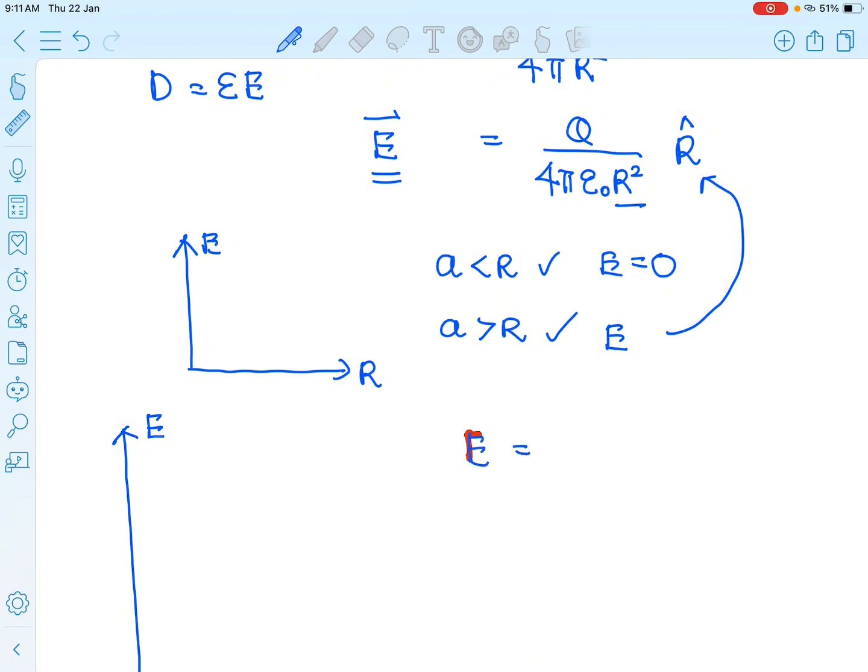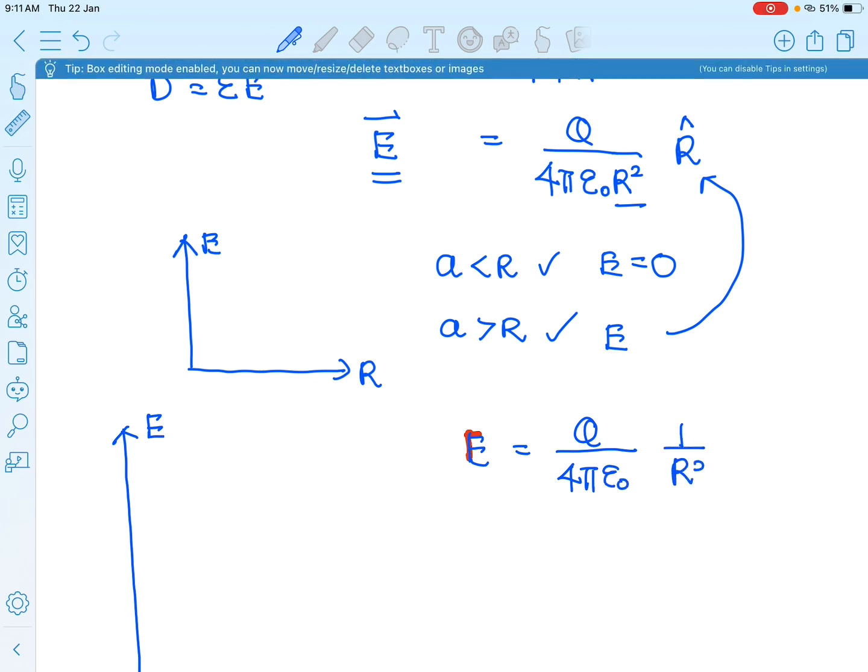So the equation is Q over 4 pi epsilon naught, and I purposely separate this R square.